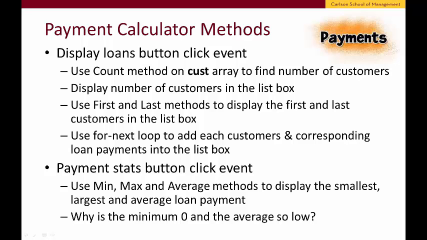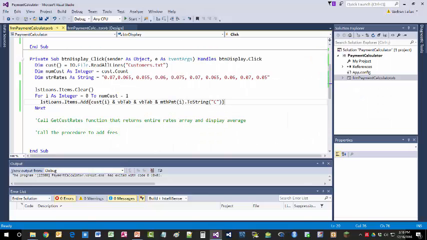Then we also want to use the payment stats button click event to demonstrate some of the numerical methods like min, max, and average to display the smallest, largest, and average loan payment. And then we're going to go back and discuss why the minimum is 0, and specifically why the average is so low.